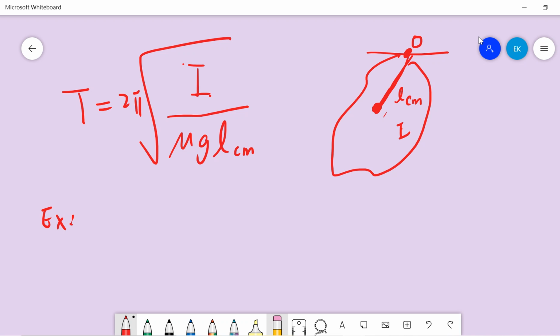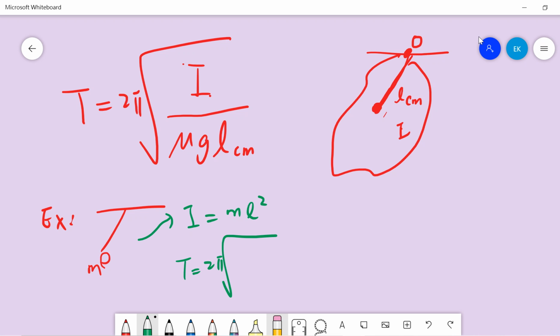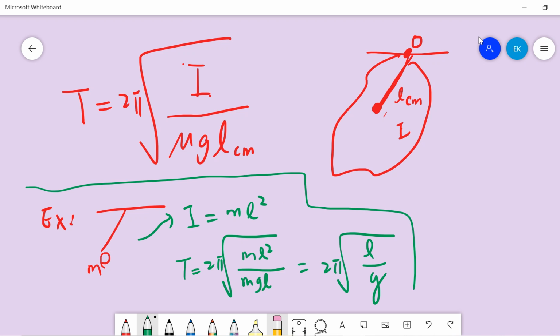A simple example is the pendulum. In the pendulum, I is just m L squared, so we have 2 pi times the square root of m L squared over m g L. So basically, this is the standard square root of L over g. Right, so this is the formula.